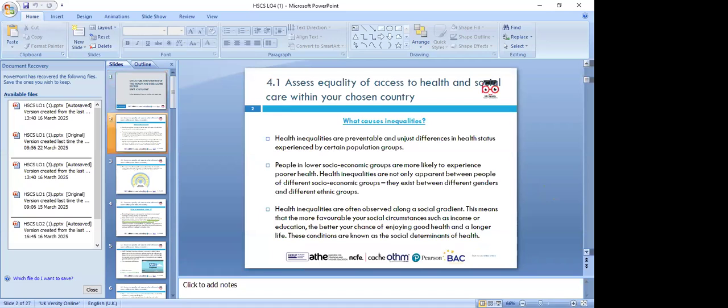So one of the issues we could look into will be the causes of inequalities. Okay, health inequalities, the differences within the healthcare sector. Whether people in lower socioeconomic groups are more likely to experience poor healthcare. Of course, there are instances where people will need to be treated beyond just the NHS or the fundamental primary healthcare given by government.